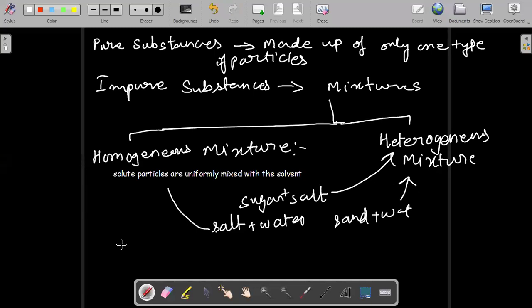Heterogeneous, sir. Sir, can milk alone be a heterogeneous mixture? Yeah, milk is a heterogeneous mixture. Soap solution is also a heterogeneous mixture, as the particles are not uniformly distributed.